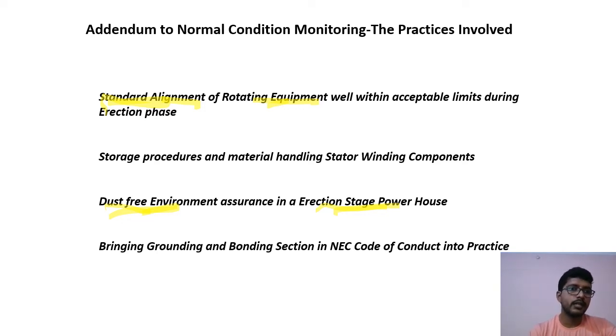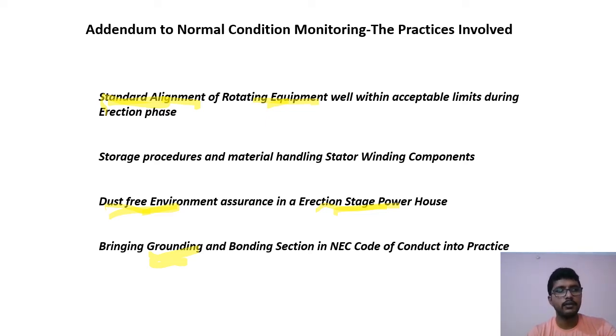And the most important section is electrical grounding. Proper grounding is very essential. Without proper grounding, we can't achieve any standard in a power plant. So we need to follow certain codes of practice like NEC and IEC. They are very standard and have all the codes necessary in the practical field.